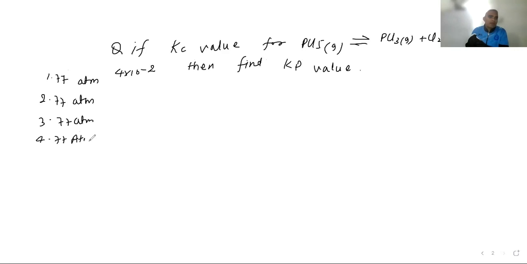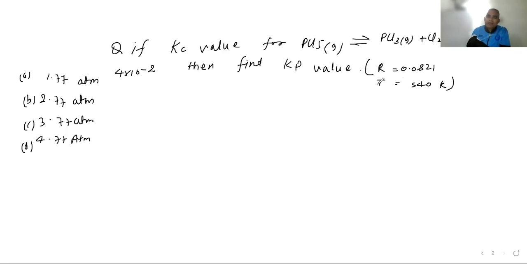So we need to calculate. The R value is given: 0.0821. The temperature they have given is 540 Kelvin.